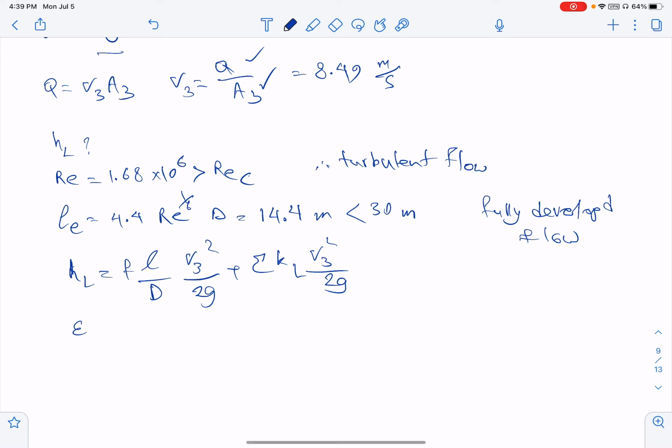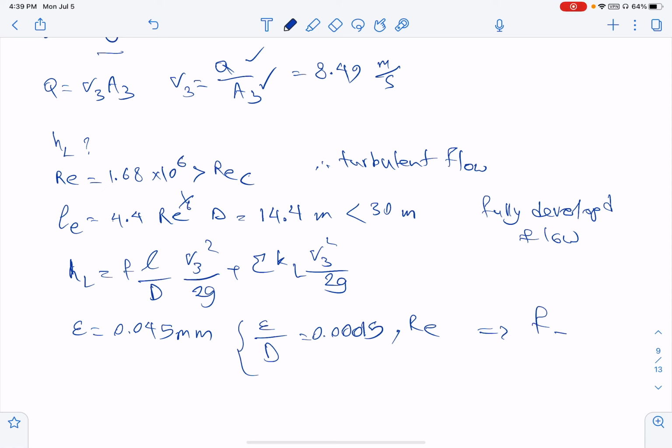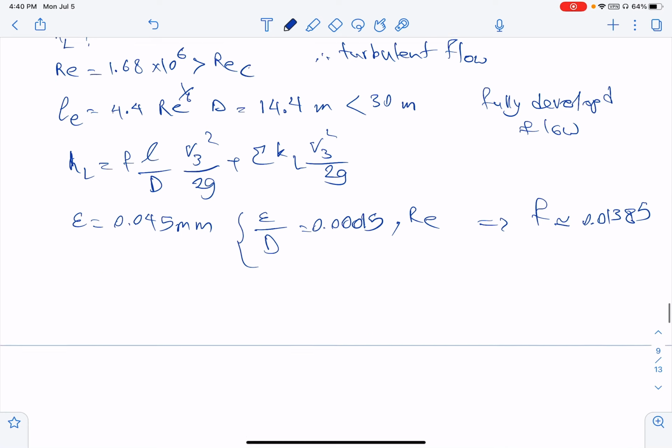The epsilon, if we are using the Moody chart, at the end we're going to find F. This is the epsilon that we have, and this is epsilon over D. Because we have the relative roughness and the Reynolds number, we can easily find F with the Moody chart. This is the value that we are going to get for it.